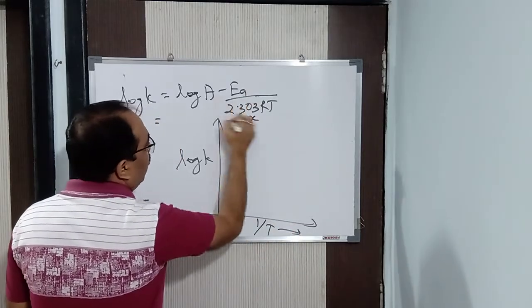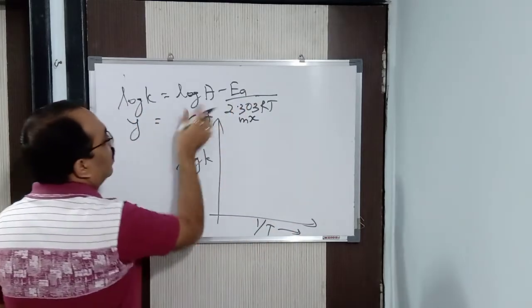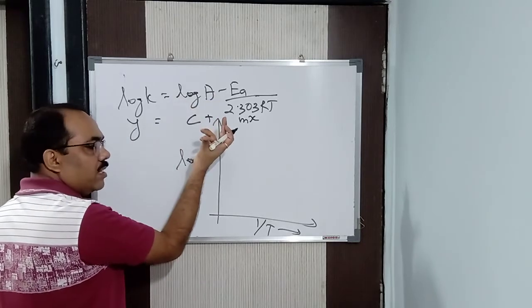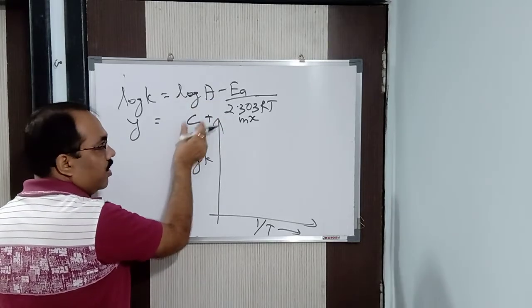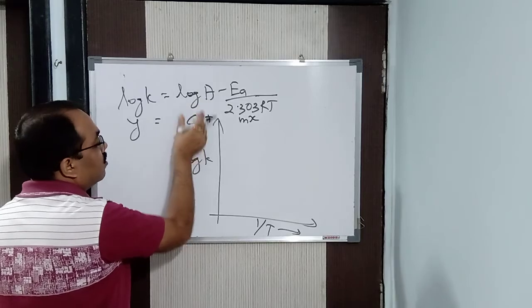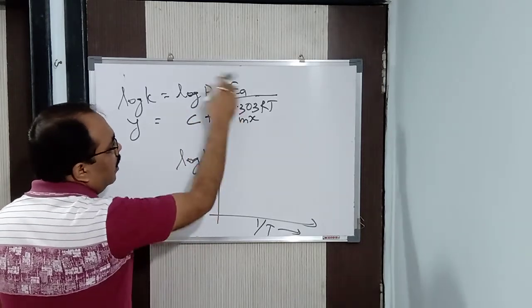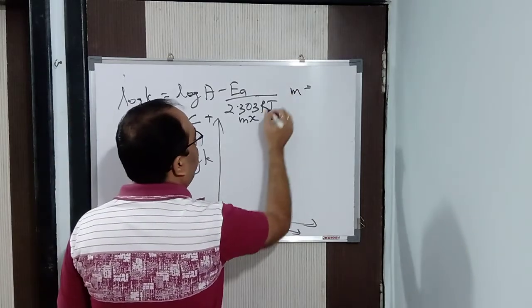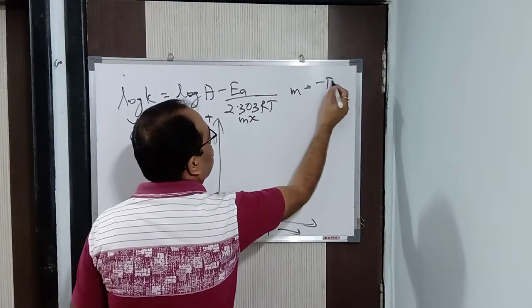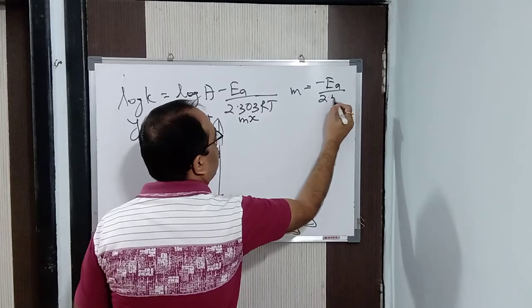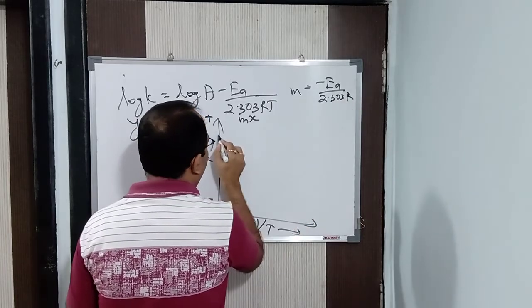That means this is your mx and this is your c. Log A is your c, because A is constant, I said already, the number of collisions per second is constant. And this is your mx. So if 1 by T is your x, m is what? Minus Ea by 2.303 R. That means slope is negative. So what sort of graph will you get?